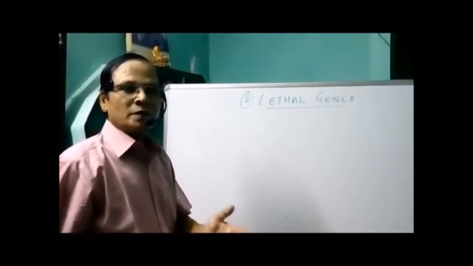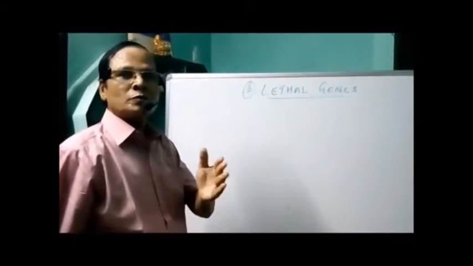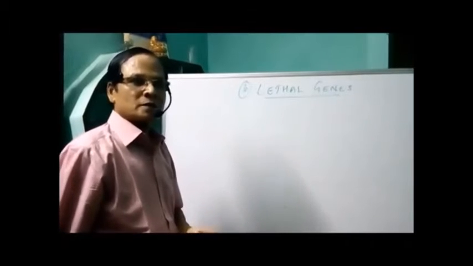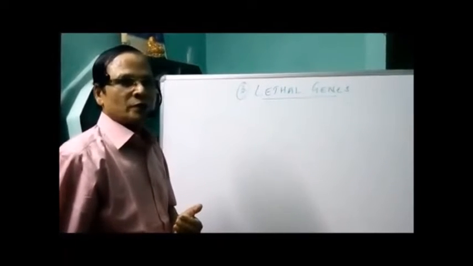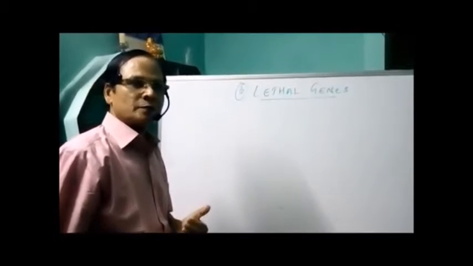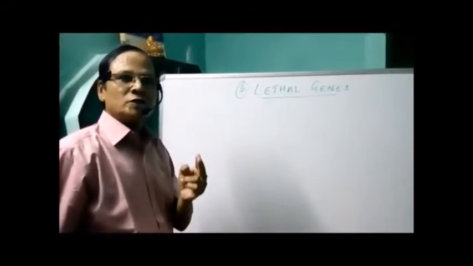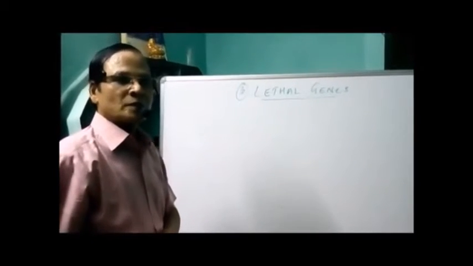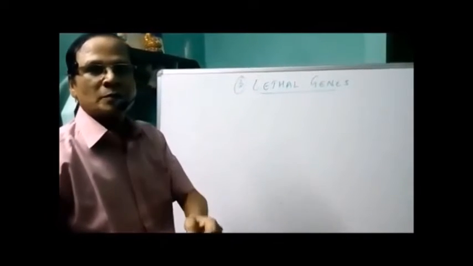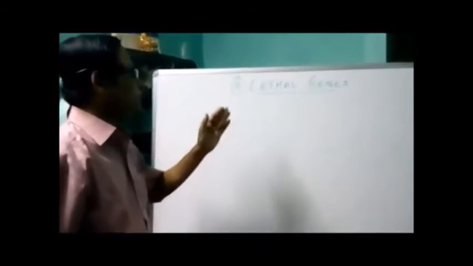The term lethal refers to those changes in the genome of an organism which are severe enough to cause the death of the organism. That is actually what we call lethal genes.